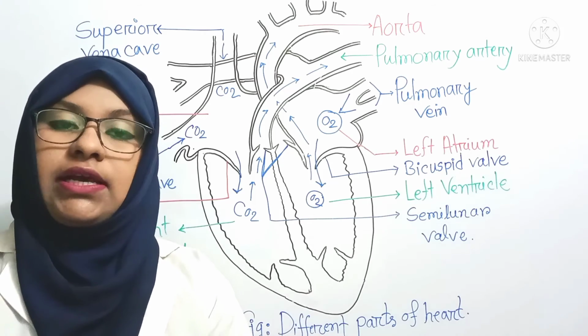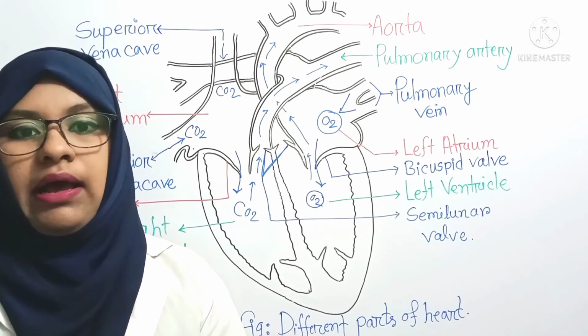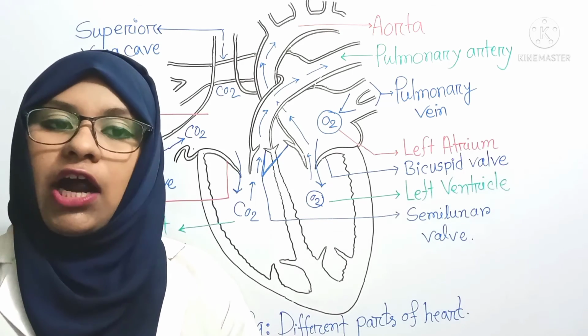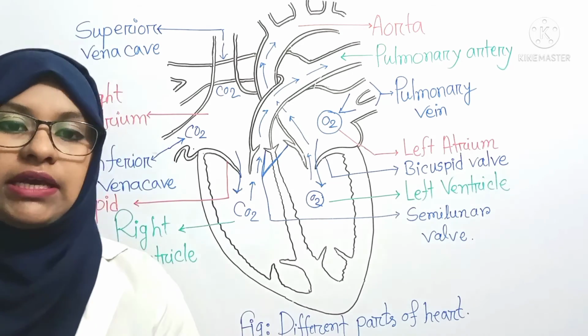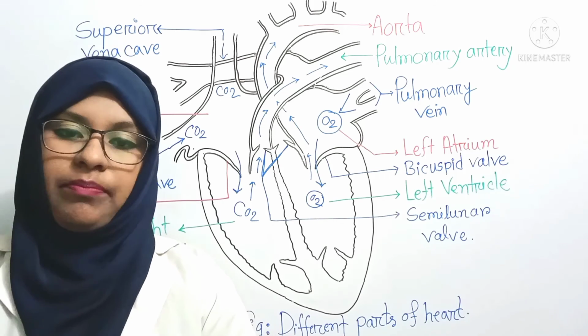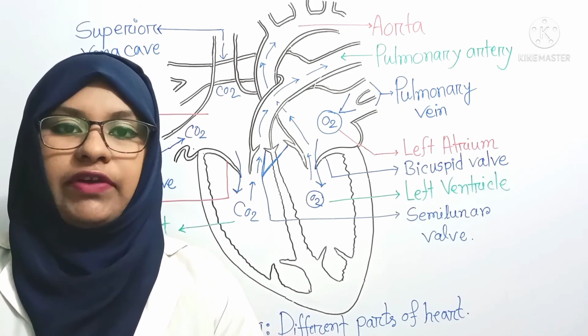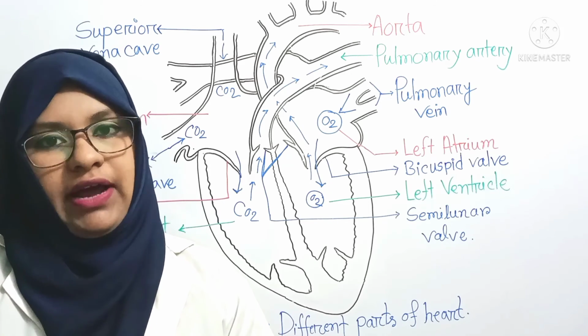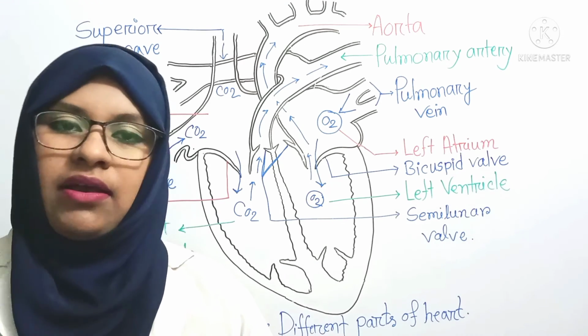A heartbeat is composed of a systole and a diastole. It takes 0.8 seconds. The heartbeat of a healthy person is 70 to 100 per minute. This beat can be counted at the radial artery of the wrist of our hand.